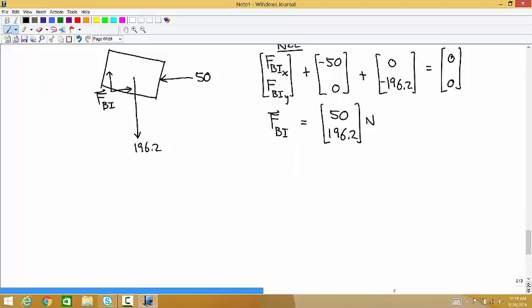So this is part A. Part B then is easy because Newton's third law says F_IB is just equal to negative F_BI. So it's just equal to negative 50, negative 196.2.